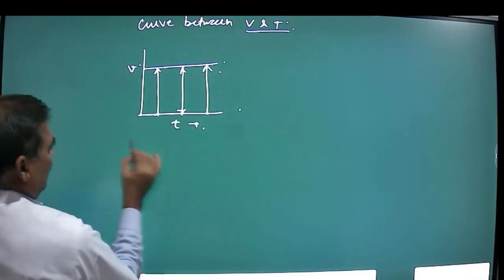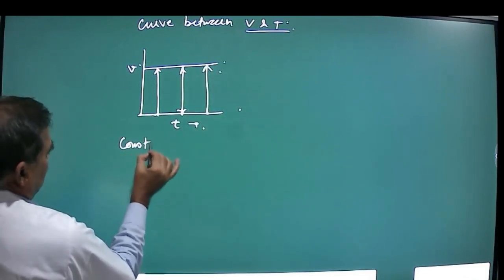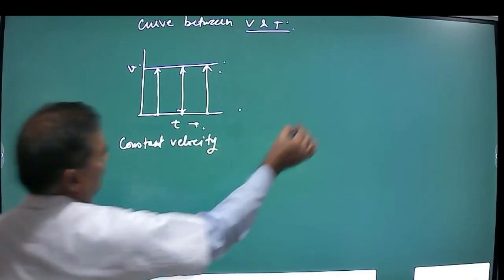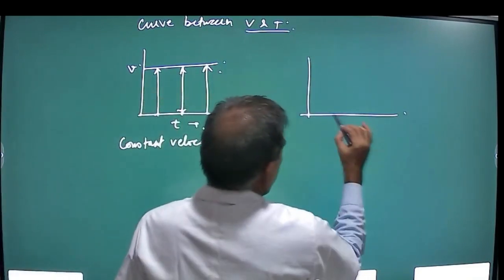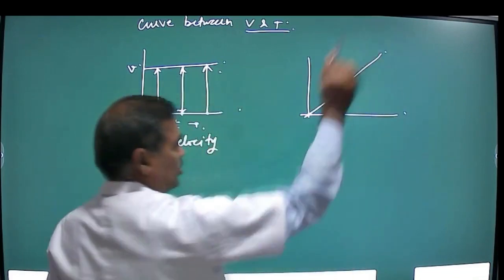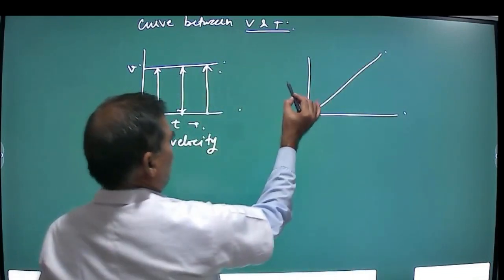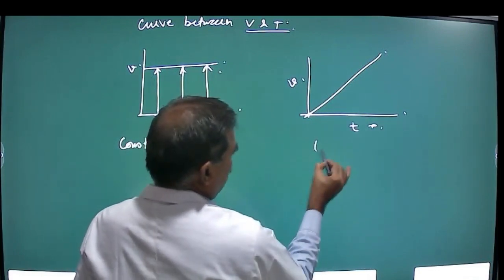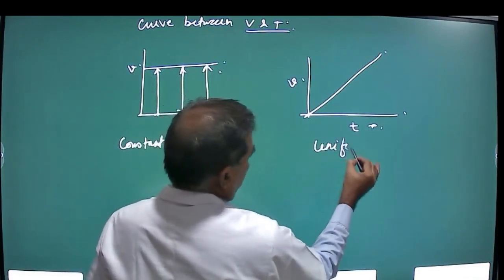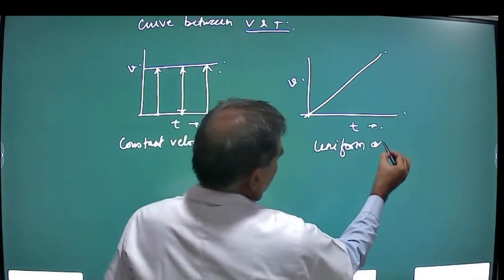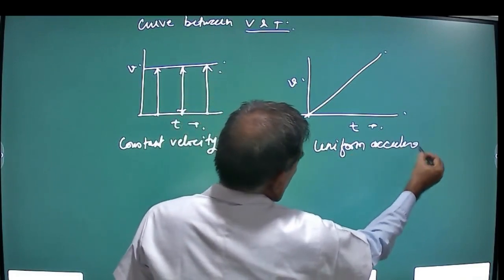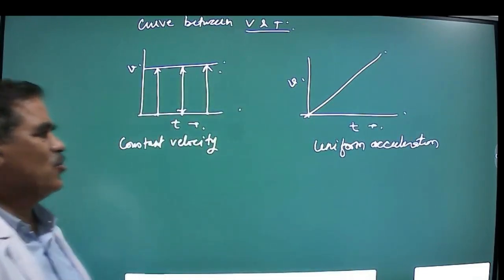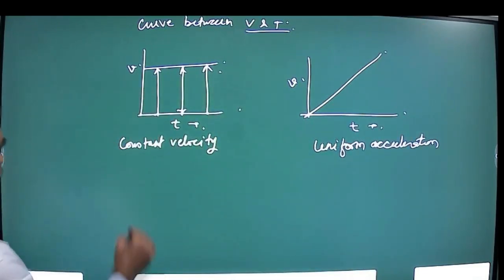So this is the graph of constant velocity. If the curve is like this, it means velocity is increasing gradually. So this is uniform acceleration, because it is uniformly increasing.